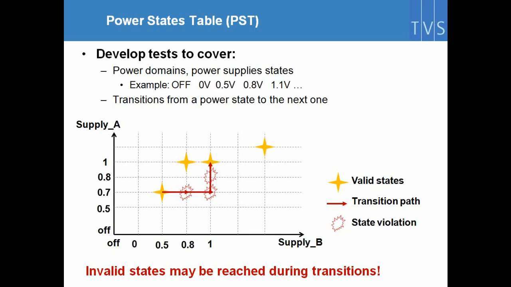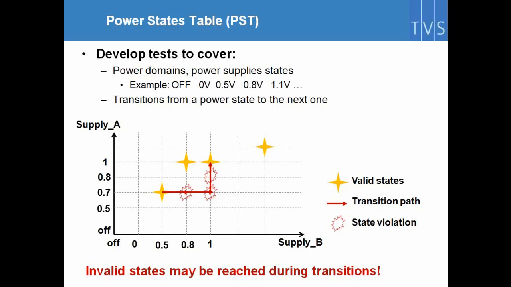Checking the power states is actually kind of an issue, because the designers and the architects may want to see some states which are valid. These yellow crosses here are the states that are specified as valid. The issue is that when you move from one state to another, you change the voltage of two different power supplies.